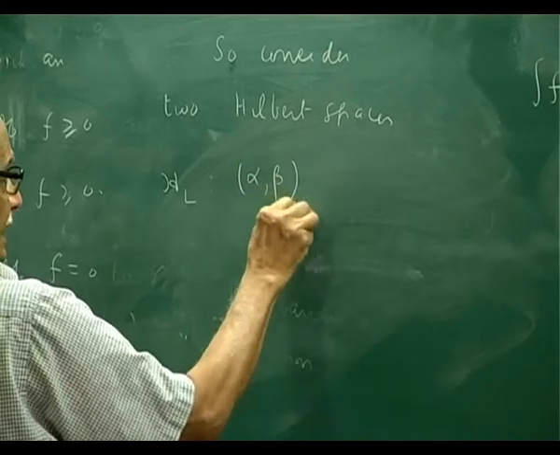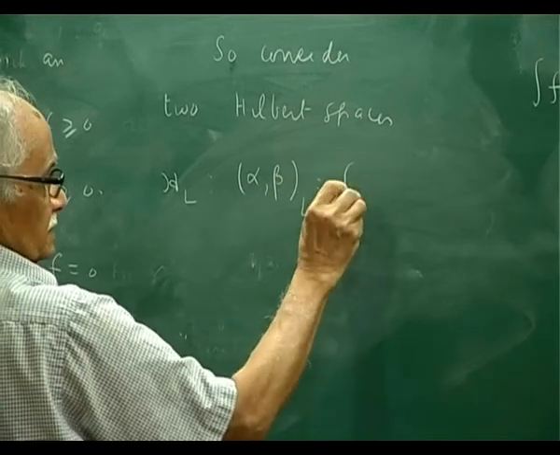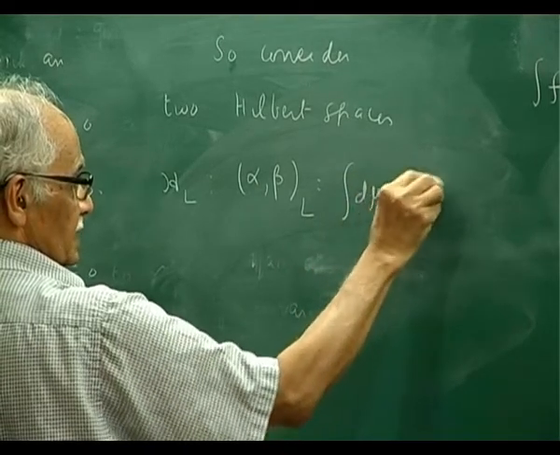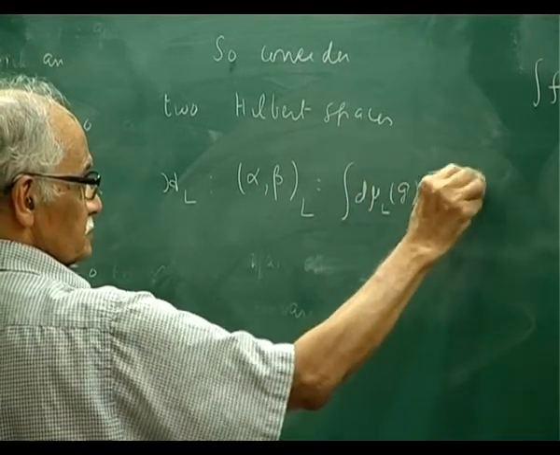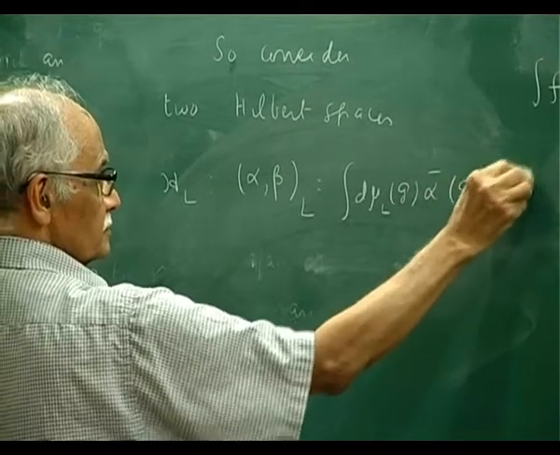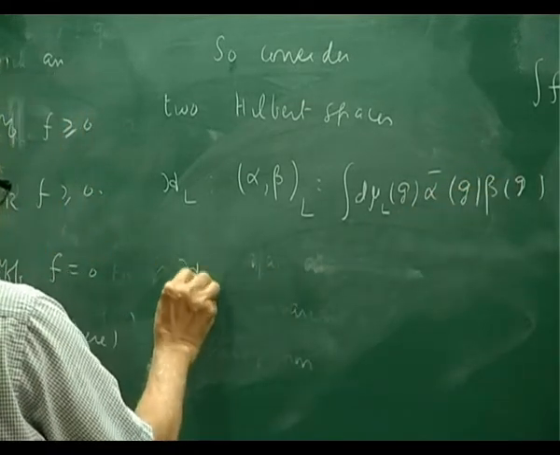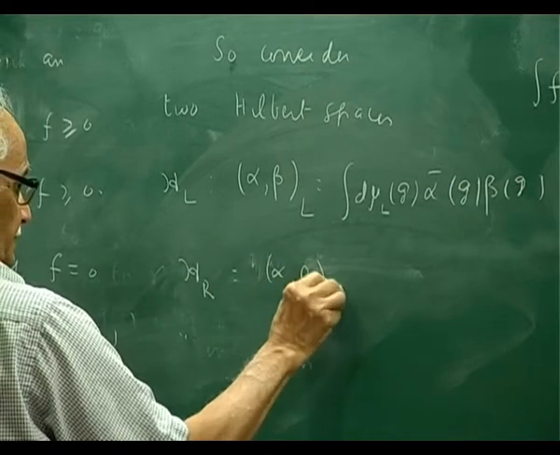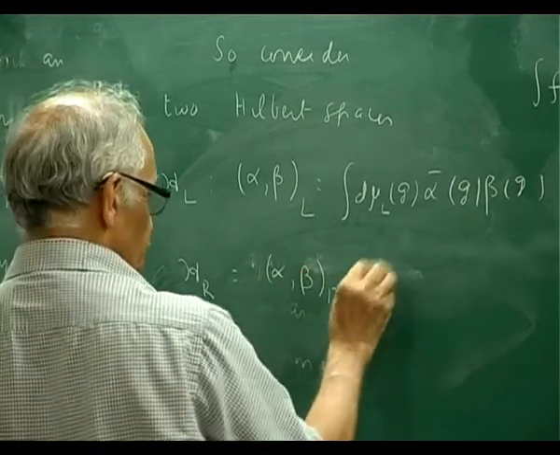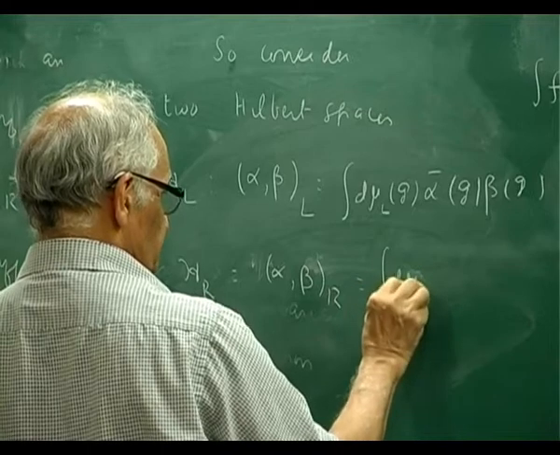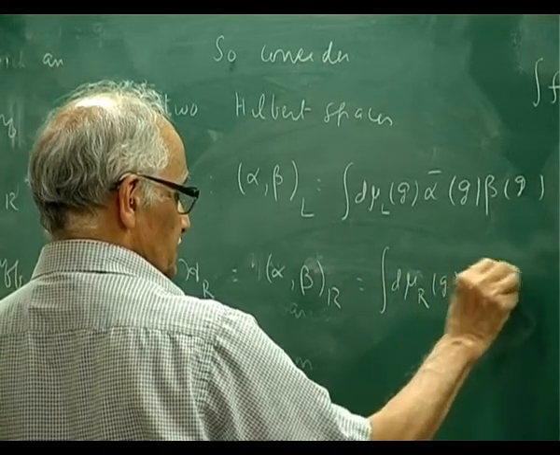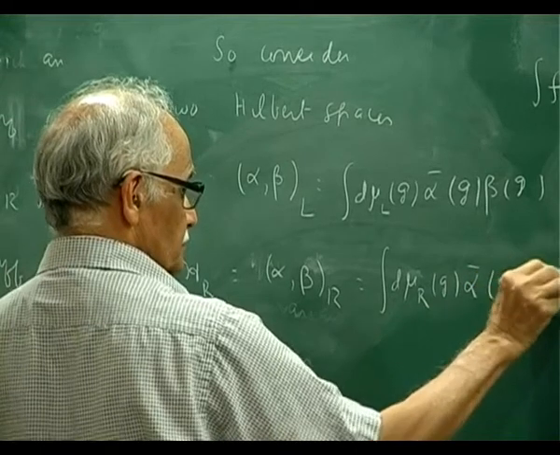L is d mu L of G alpha bar of G beta of G, and I write HR, which is alpha beta right, which is d mu R of G alpha bar of G beta of G.